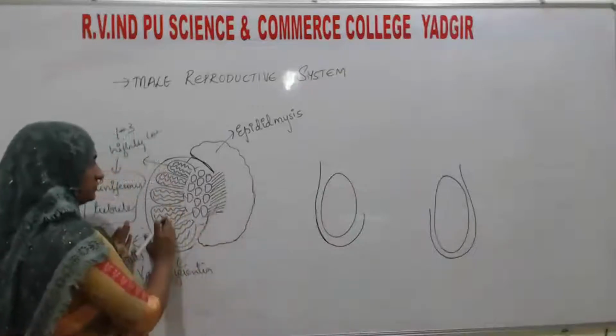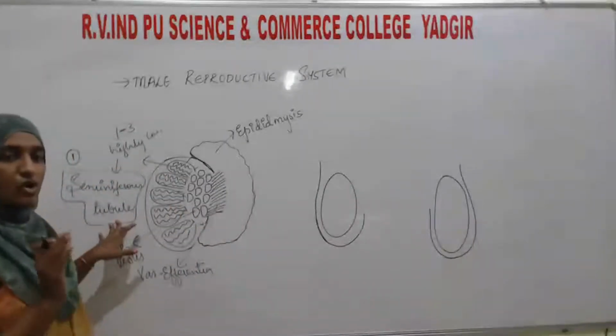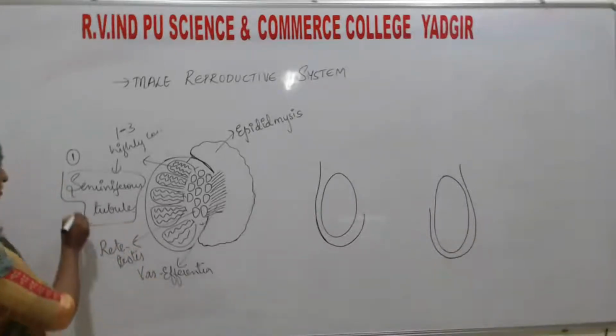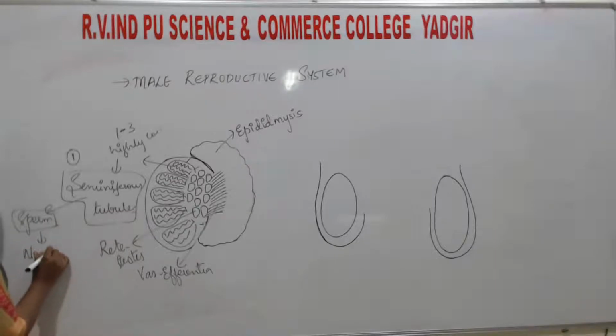See here, the seminiferous tubule in which the sperms are going to be produced. Those sperms will be non-motile, non-functional. Whatever sperms are produced or formed in the seminiferous tubule will be non-motile, and non-motile means they are unable to swim. Non-motile and non-functional.